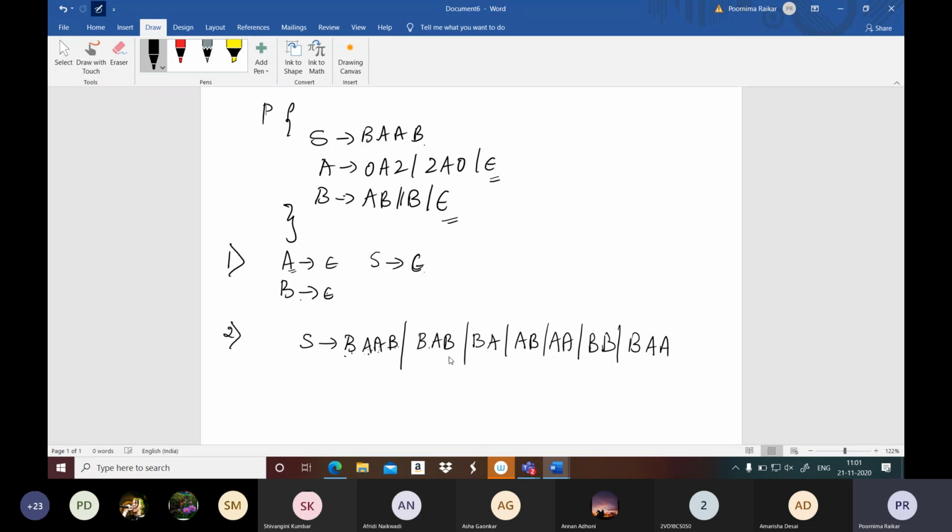So you can follow: first 1, next 2, next 3. So however convenient you feel, you can do it. Next I'll substitute for all. Then I'll get B. So I can try all these. AA I can get, AB I'll get, BB I'll get, then AB, BA, BAB, then AAB. So alternately you have to go on substituting one by one.